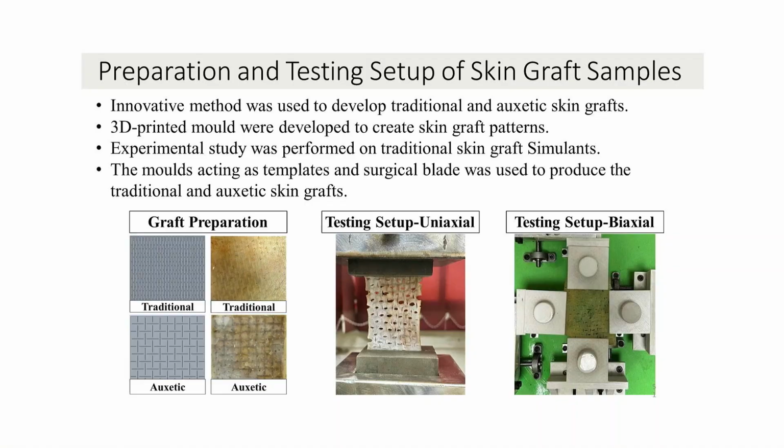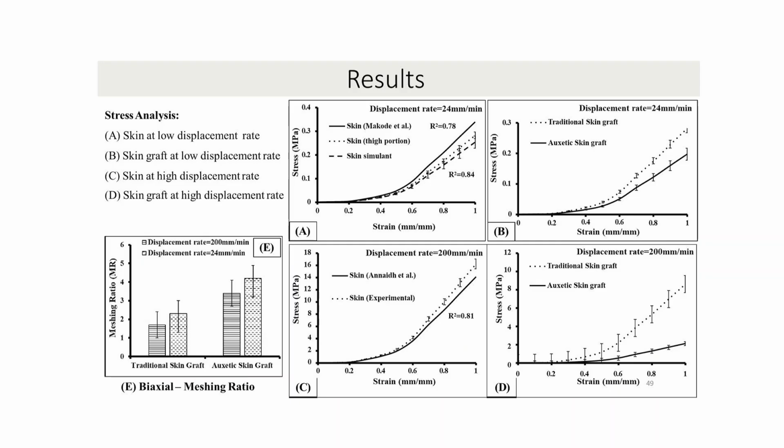So there are uniaxial and biaxial tests which were conducted using two devices. One was a standard UTM device, and the second one was a custom built biaxial device, which I might have explained in one of the lectures, for biaxial testing. These are some of the results. We wanted to compare using a skin simulant material, right?